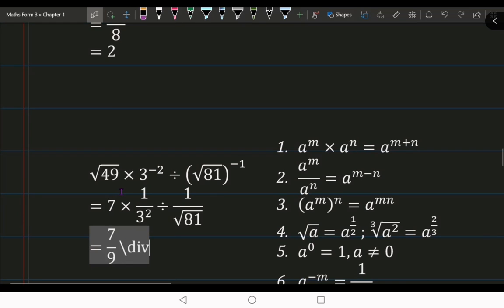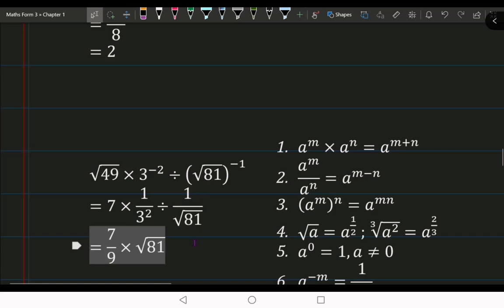Divide by, no divide. Now we are going to multiply already. Multiply, you reciprocal again, it becomes square root of 81. Divide becomes multiply, becomes reciprocal: 1 over square root of 81 becomes square root of 81 over 1.